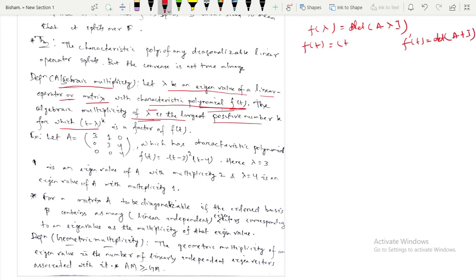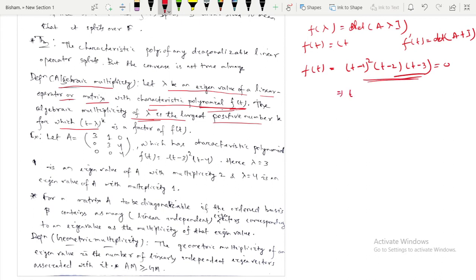So suppose your f of t is (t minus 1) whole square, into (t minus 2), into (t minus 3). Suppose this is your characteristic polynomial, then what will be your eigenvalues? If you equate this with 0, then this will be your characteristic equation.